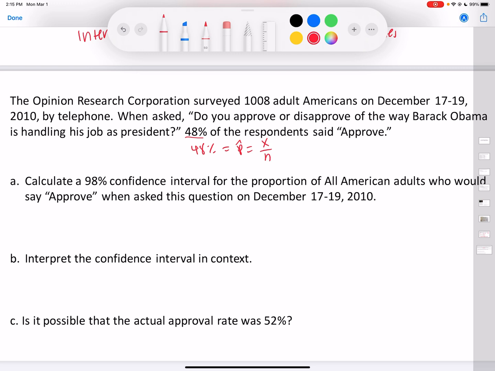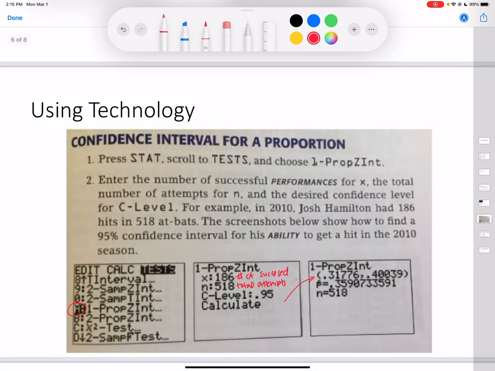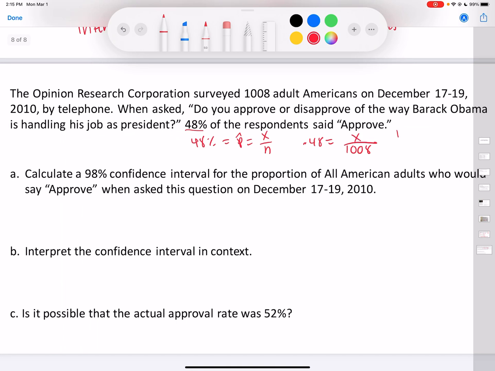So if it's 48% and my n is 1,008, I really need that x value in order to use the calculator. So I'm going to multiply 1,008 times 0.48, and that's going to give me the number of successes.